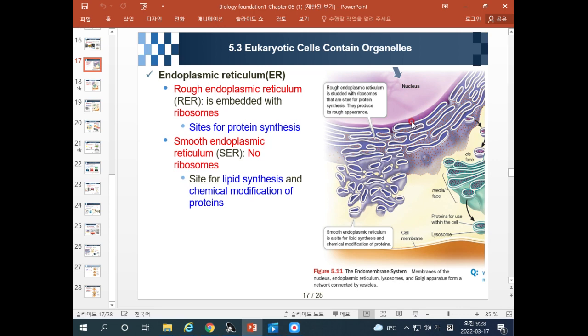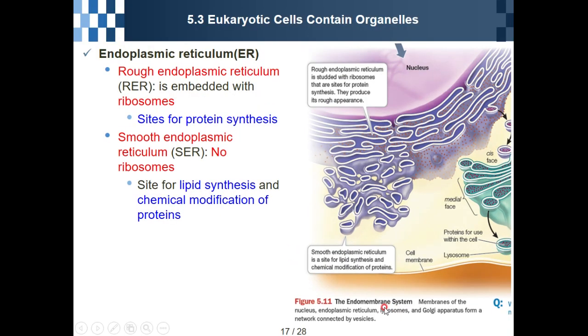Next to the nucleus, you will find the rough endoplasmic reticulum, which is embedded with lots of ribosomes. And there is another component, the smooth endoplasmic reticulum, which is like this. We call it SER. There is no ribosome.